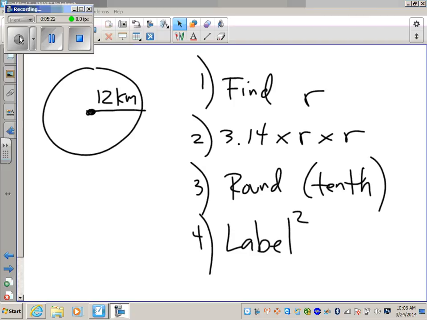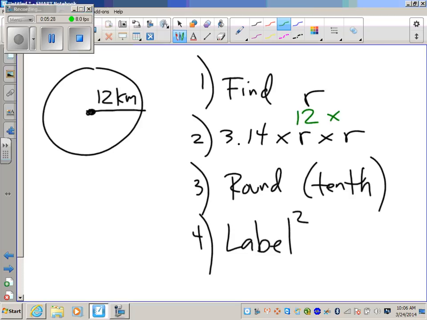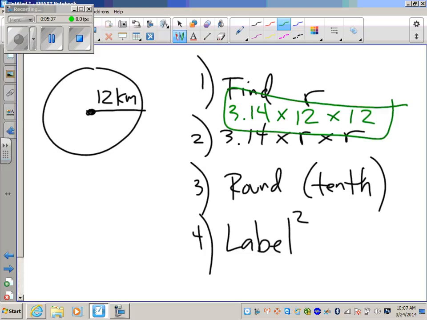Let's take a look here, please. Find r. What is r? 12. So I'm going to plug my 12 into the equation. This is the problem I'm now doing. What order do you need to do things when you multiply? Is there a specific order that you have to follow? No, you can go in any order you want. Some of you might already know what 12 times 12 is: 144.